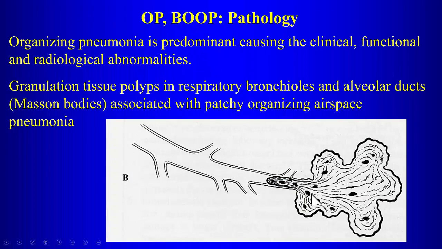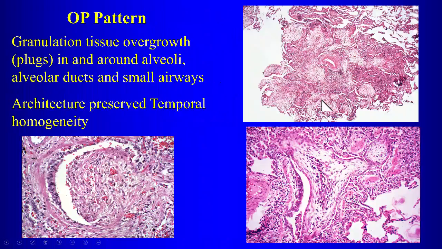We have these fibrotic granulation plugs or tissue polyps that invade the air spaces, and on pathology, they will see that in the air spaces, and that's where they get the BO part, the bronchiolitis obliterans. The organizing pneumonia is this part out here, which is really the predominant process. So you'll get granulation tissue overgrowth, which then invades the airways secondarily.